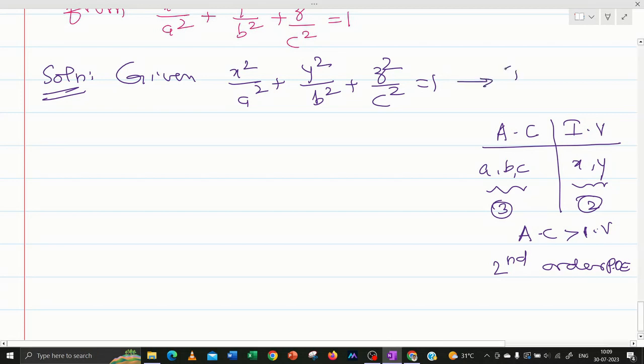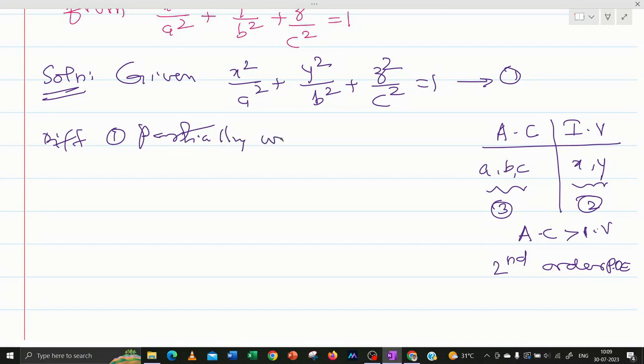The given equation is equation number 1. If you differentiate 1 partially with respect to x, we get 2x by a square plus 2z dou z by dou x by c square equal to 0.